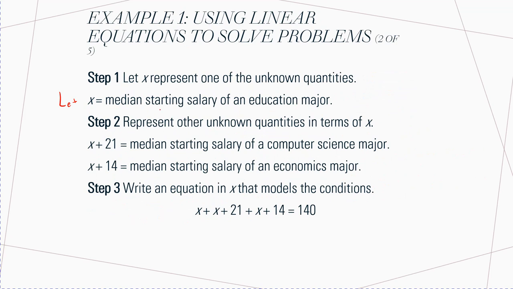Next it says represent the other unknown quantities in terms of x. If you look here, I wrote, let x plus 21 be the median starting salary of a comp sci major. That plus comes from the word exceeds, because the comp sci major exceeds the education major by 21,000. I should also note here that it's in thousands.